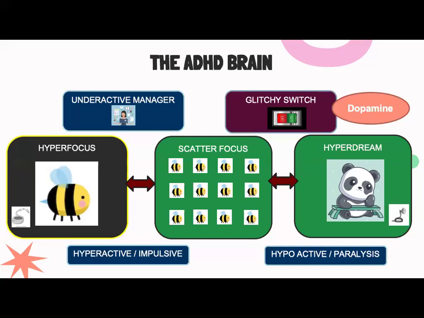And so actually in the ADHD brain, we get 3 potential spaces they might be in. The one on the right here is what I call the hyperdream, and they can get stuck, especially in inattentive ADHD, within this very fantastical inner world daydream. And when you look at them, they will seem very inattentive when they're in those. We're going to go into those in a little bit more detail.